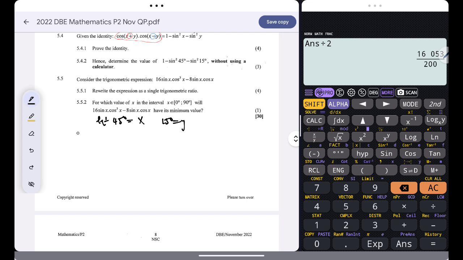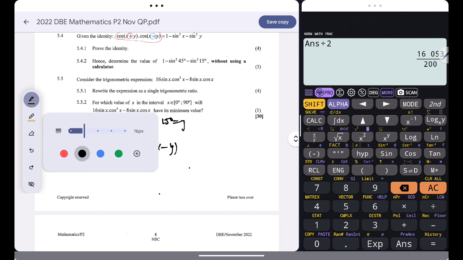So I will therefore have 1 minus sine squared x minus sine squared y. Are we together? I know that this is equal to cos x plus y multiplied by cos x minus y.